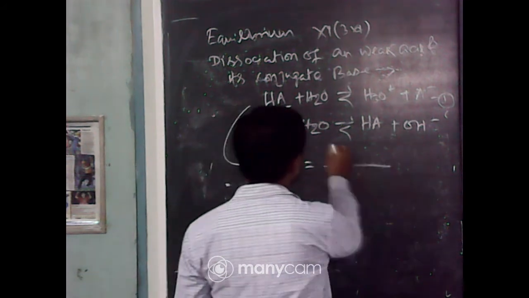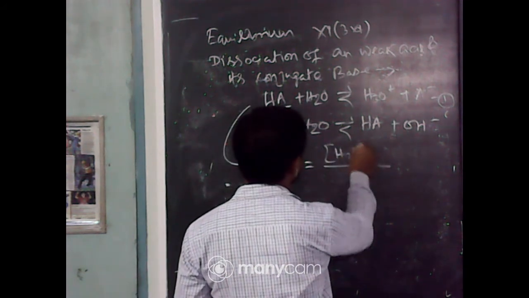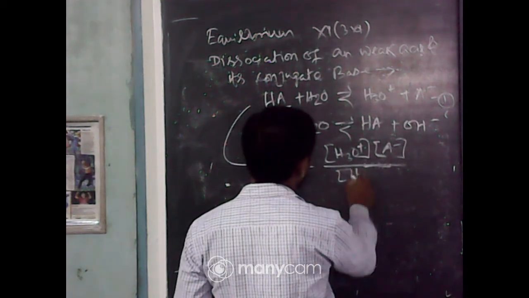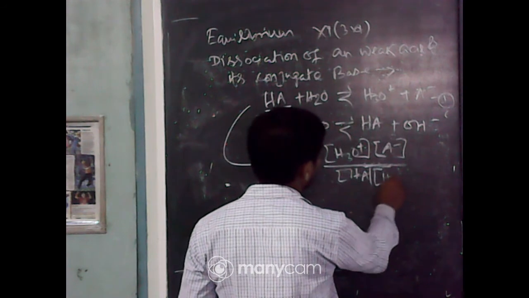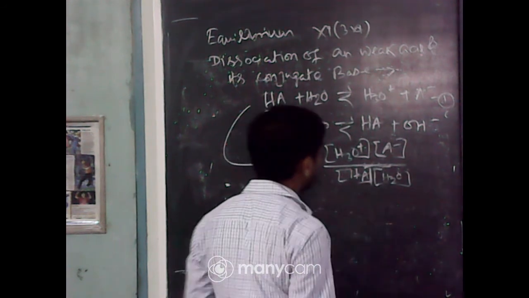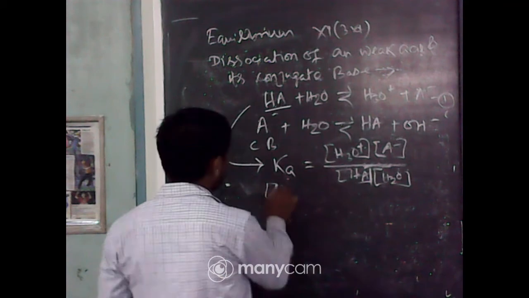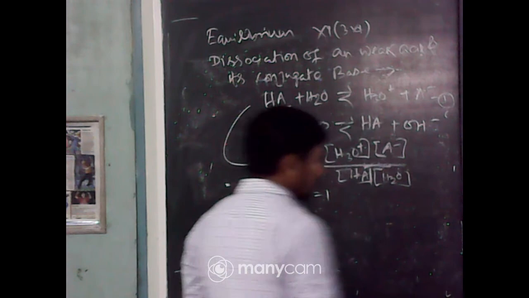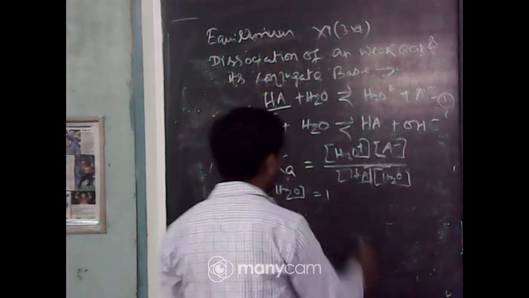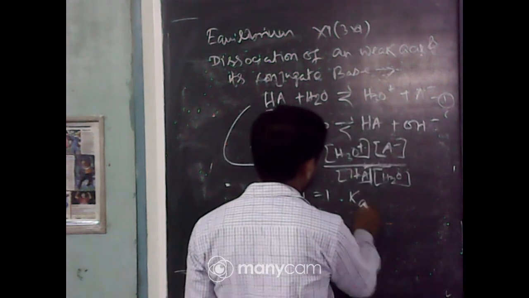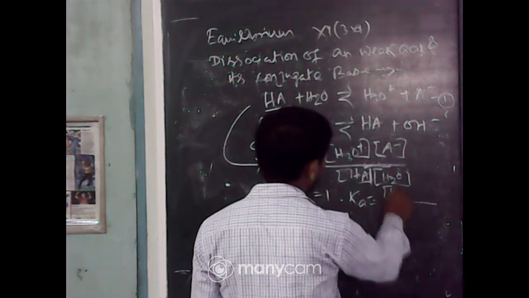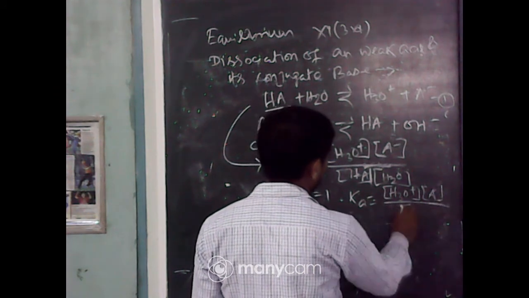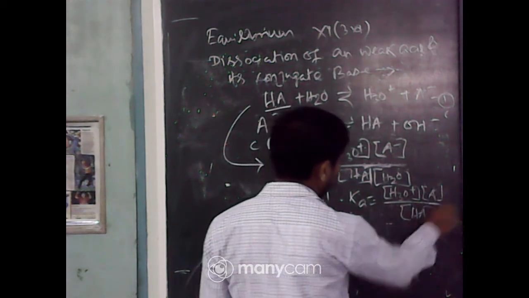So, Ka equal to concentration of H3O plus into concentration of A minus by concentration of HA into concentration of H2O. Clear? Now, concentration of H2O is equal to 1 because it is a pure solvent. Hence, Ka equal to concentration of H3O plus into concentration of A minus by concentration of HA.